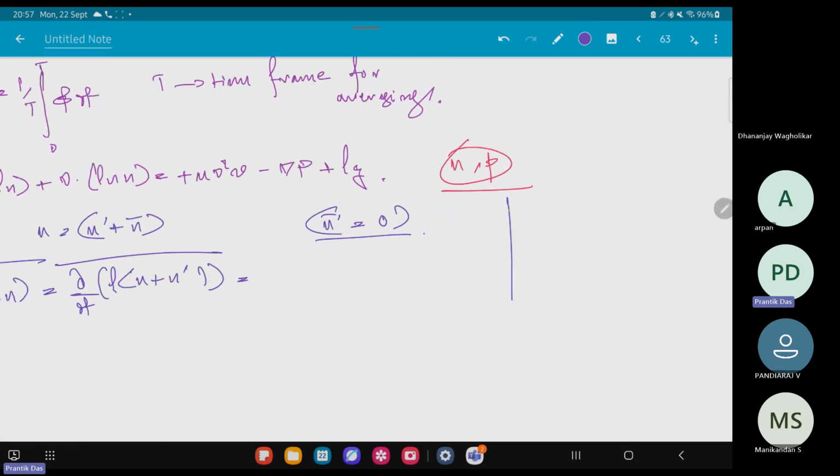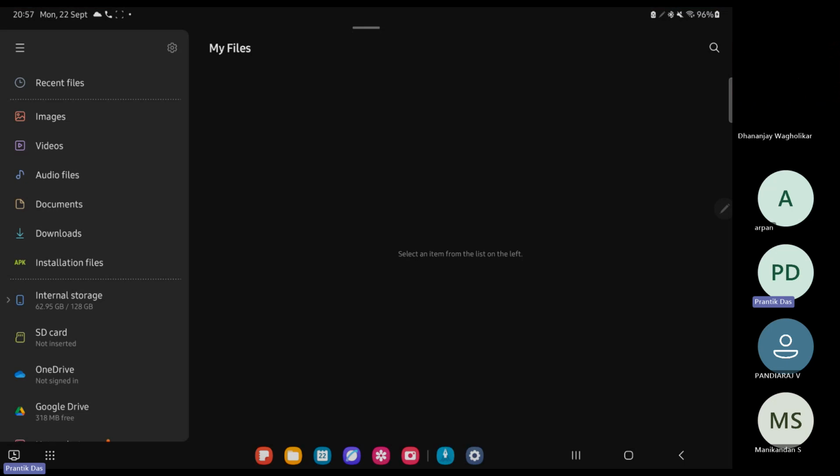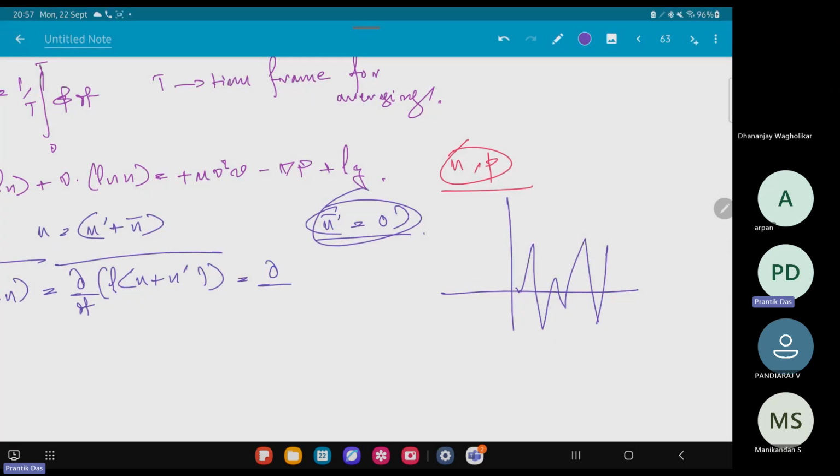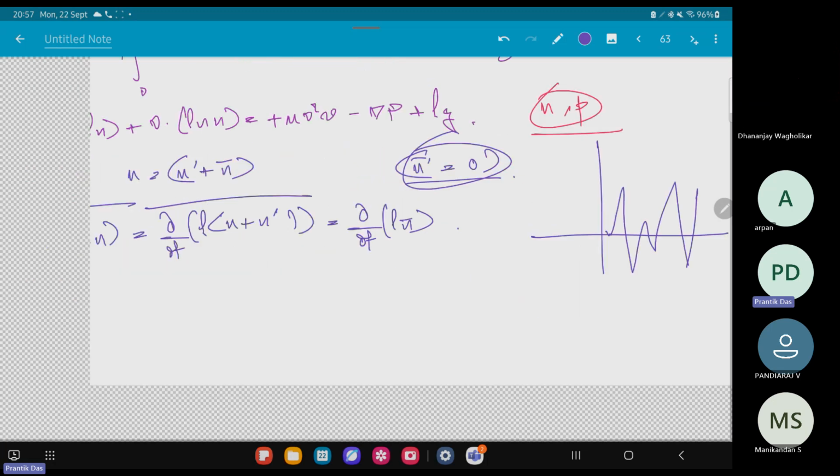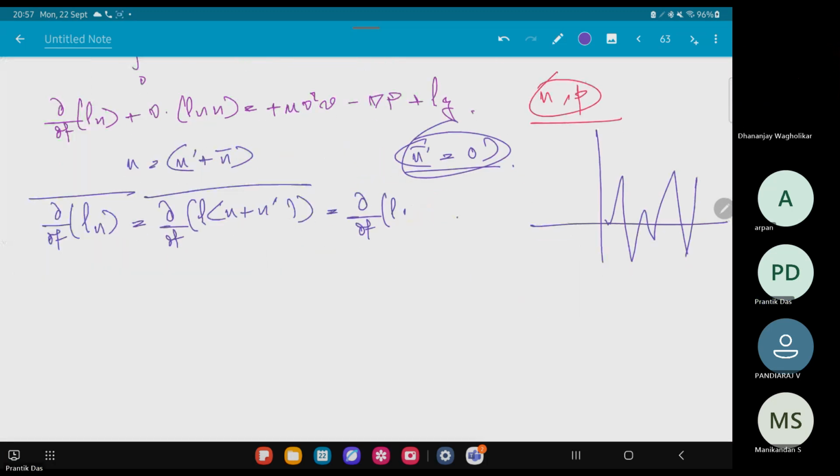For example, if I take the fluctuating part, some are positive, some are negative, and the time period is large, then the time average of the fluctuating velocity becomes 0. So my reduced form will be rho u bar. Okay. So is everyone clear with this?